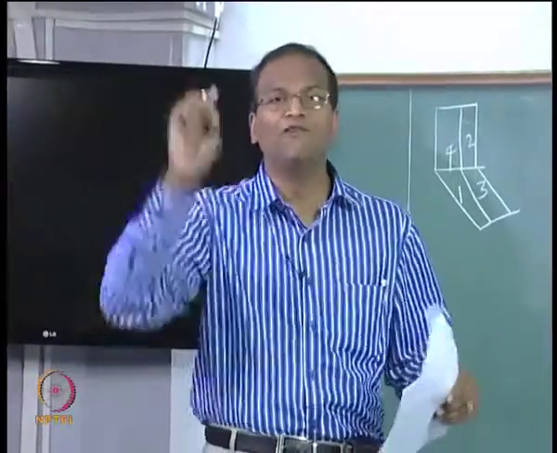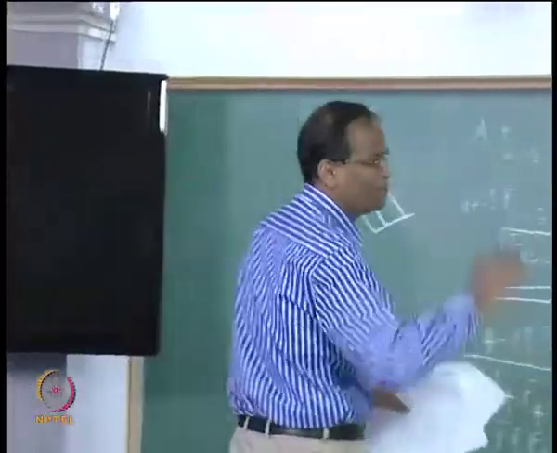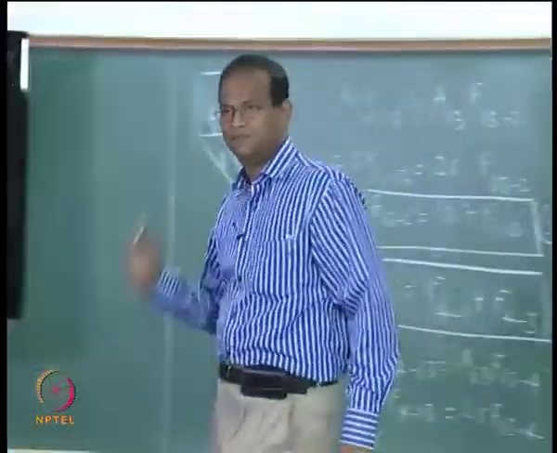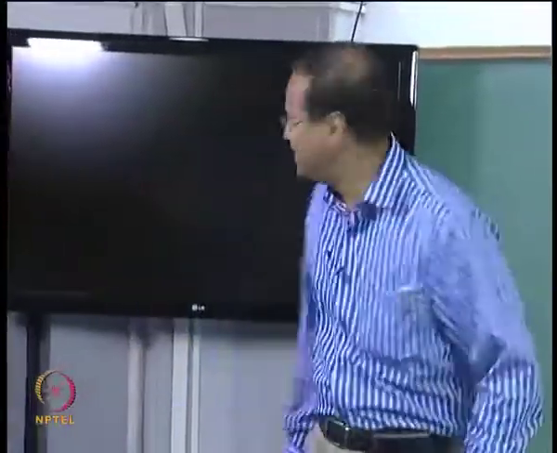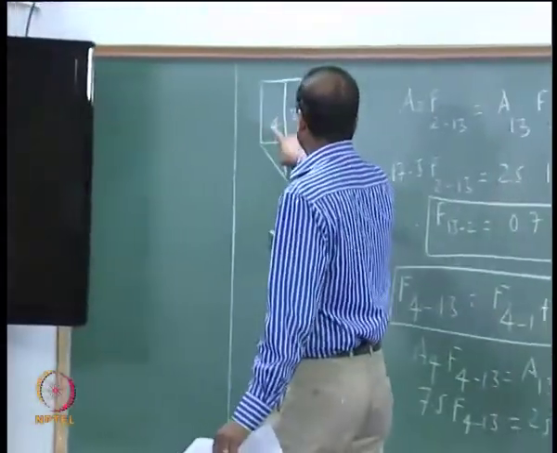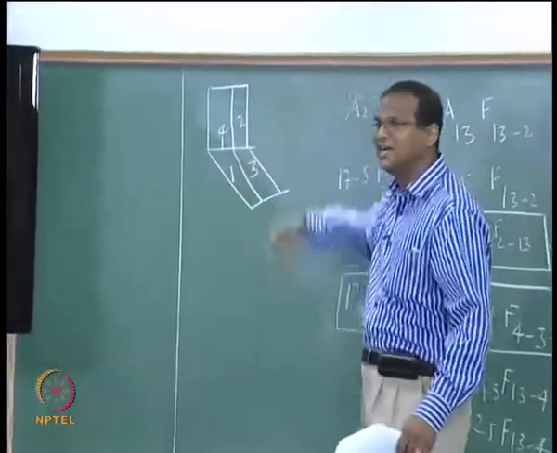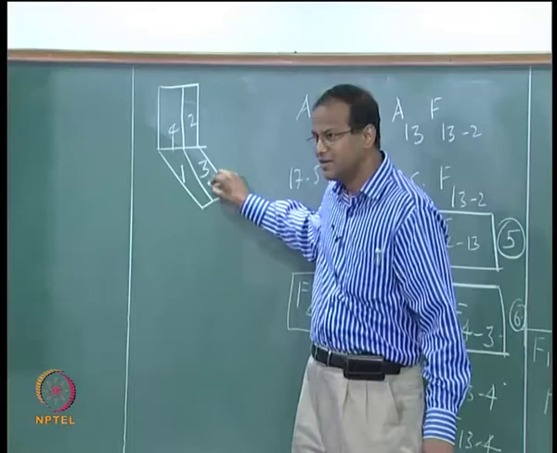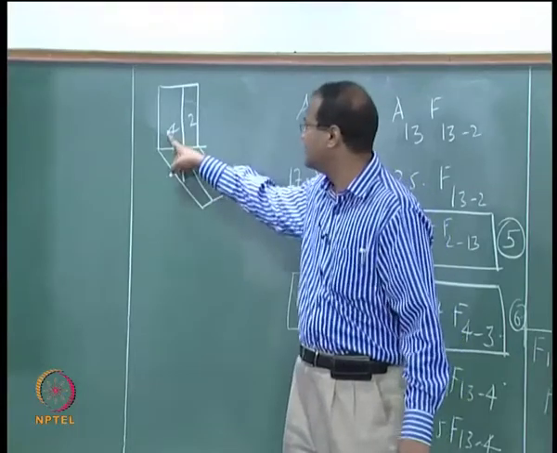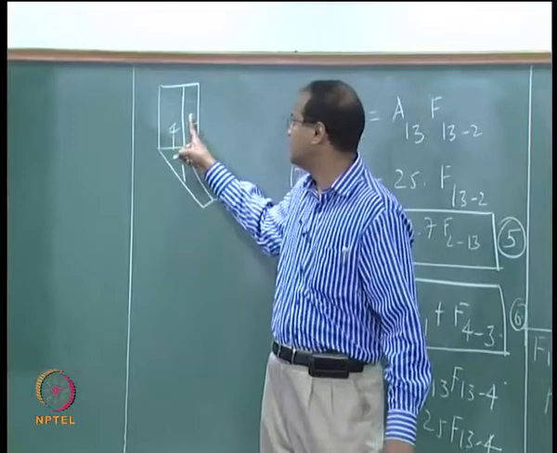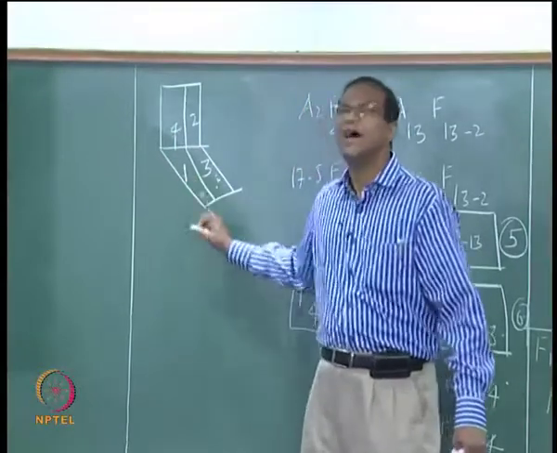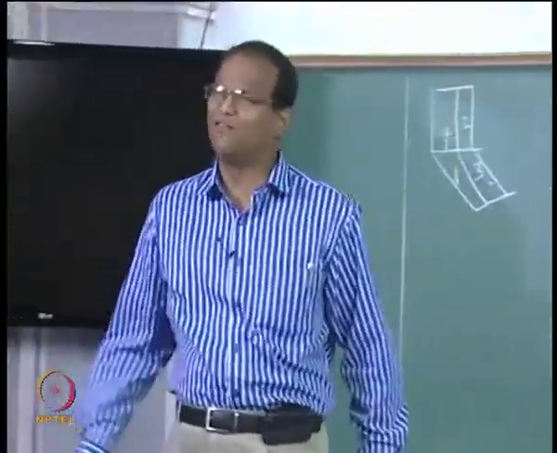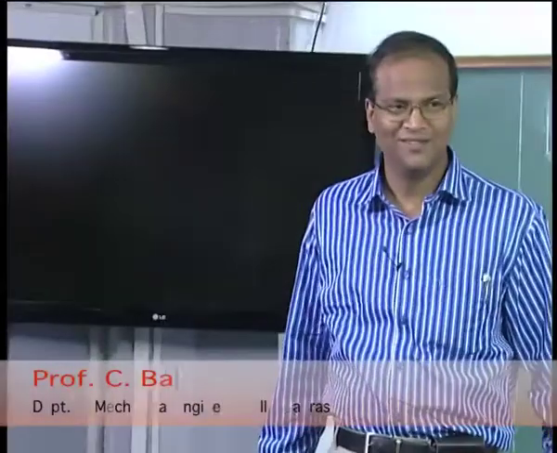F34 equal to F12, that is the killer step. F34 equal to F21. F34 equal to F21, it is the same 90 degrees. This fellow is 3.5 into 5, this fellow is 1.5 into 5, this fellow is 3.5 into 5. Unless you make this common sense, this problem cannot be solved. F1 F2 you will keep on doing, okay.